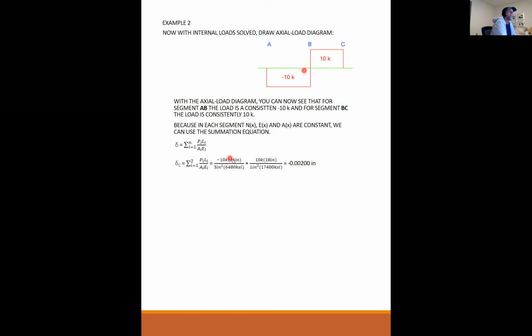A to B is a longer segment and it's a much softer material. This material has the stiffness of roughly a third of this material. So under the same load, this one's compression, this one's tension, this shortened a lot more than this one elongated. So you have a net shortening from A to C. So this point out here at C actually moves to the left by 0.002 of an inch.